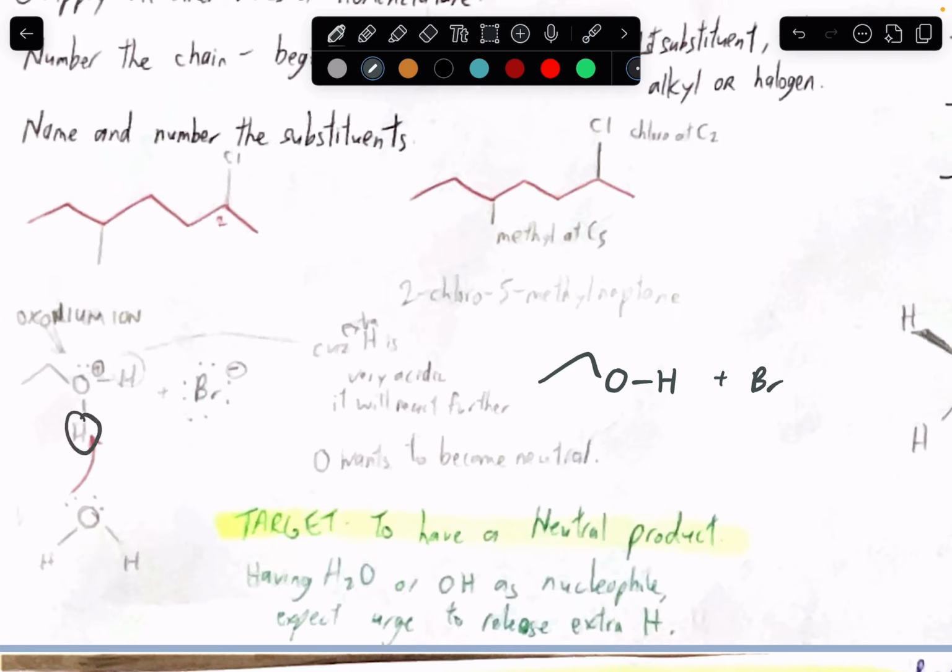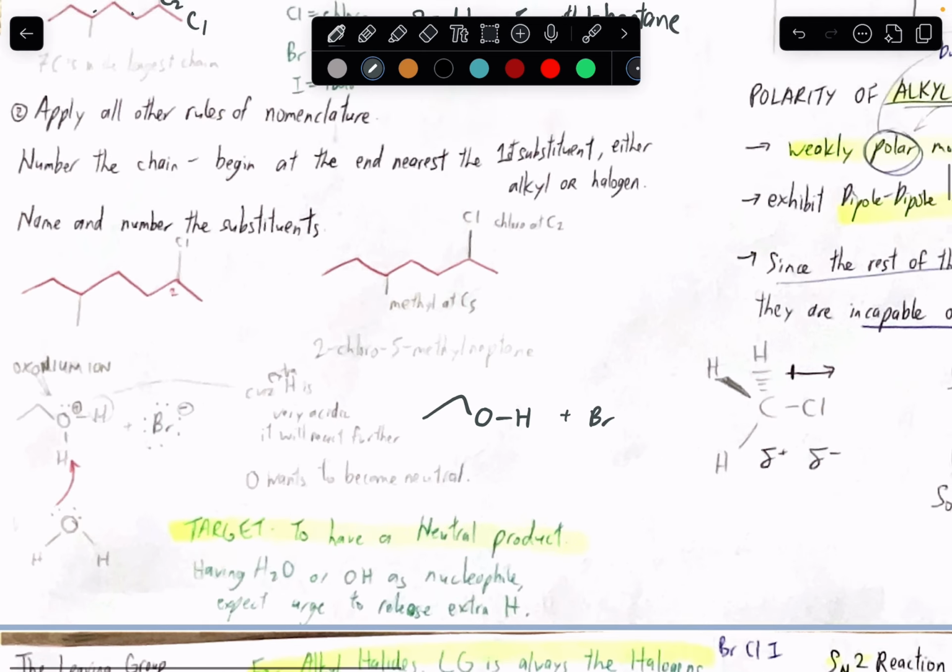But what happens to this hydrogen? The solution is you add another water. But is that supposed to be H3O? That's my limitation right now. So yes, the explanation is here.